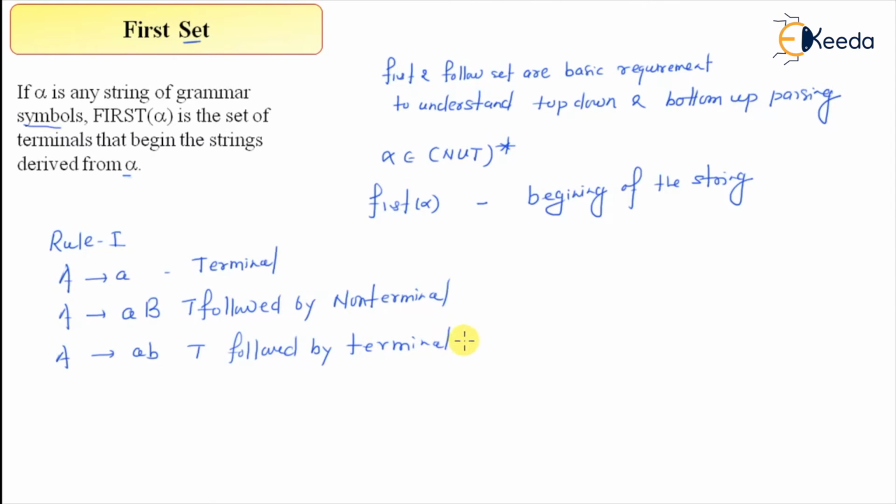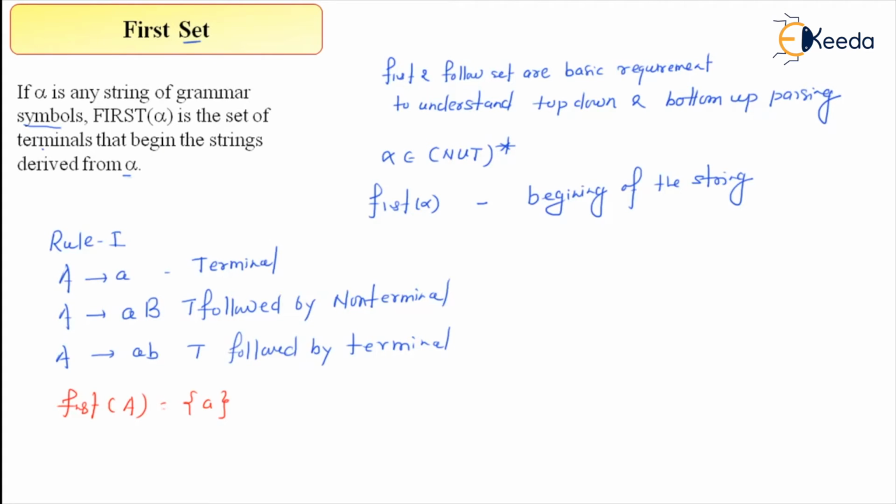That is the case where the first symbol itself is a terminal and we are looking for the set of terminals only. Here we can say directly that first of capital A is equal to, I can directly include the symbol a over here.